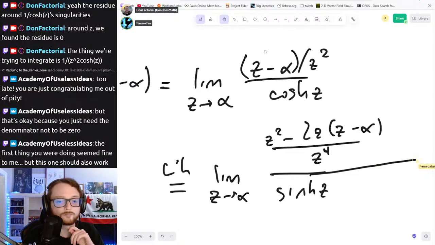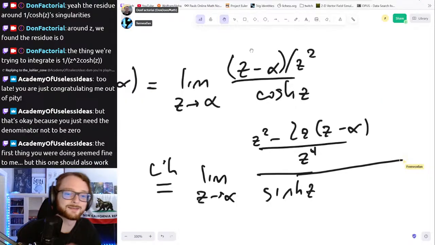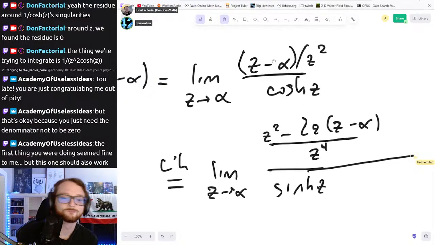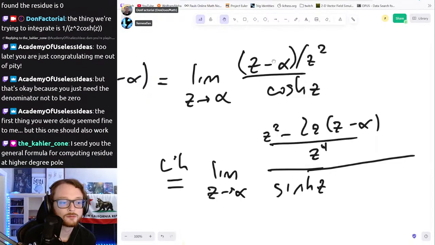Has it worked? Let's see. You get 1 over z squared over... maybe this works. Does this work? Maybe this worked. I think it should be 1 or negative 1. Because the top now is just going to give me 1 over z squared, isn't it?